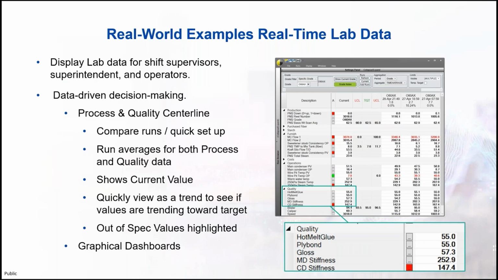Yeah, so there's a ton of different people who need to see this data, from operators to shift supervisors, superintendents, and the list goes on and on. But each person might need to view the data in a slightly different way. An operator needs to see the data right now so they can make adjustments on the machine if something is to take place.